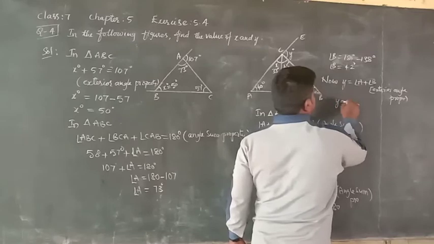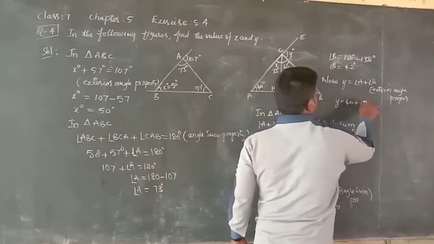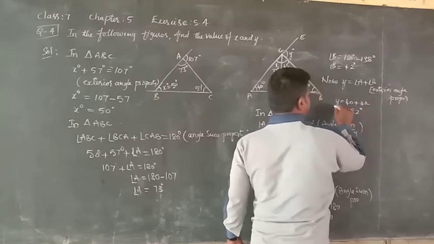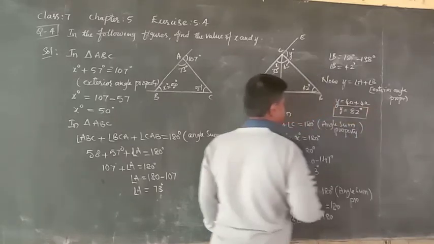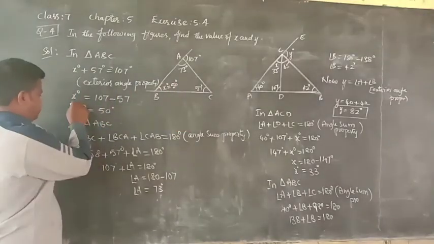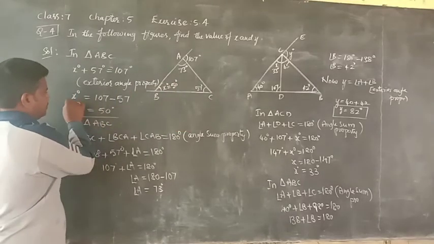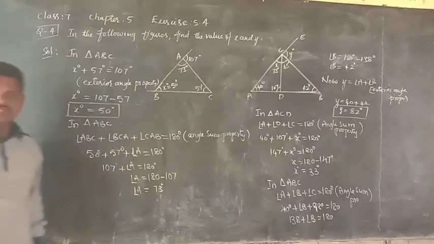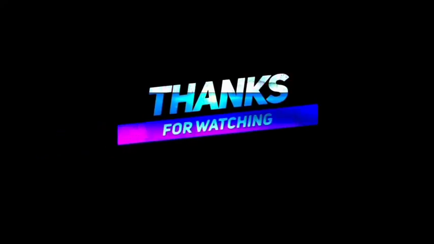And y equals 40 plus 42, which is 82 degrees. y is equal to 82 degrees. Then x is equal to 50 degrees. That's all.